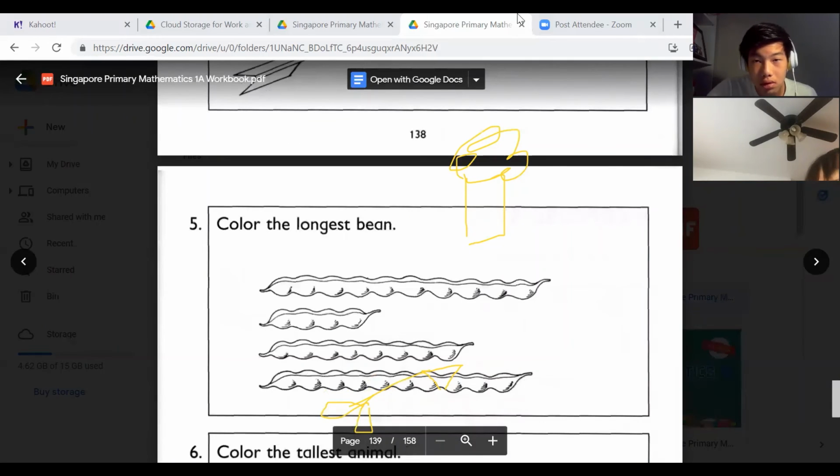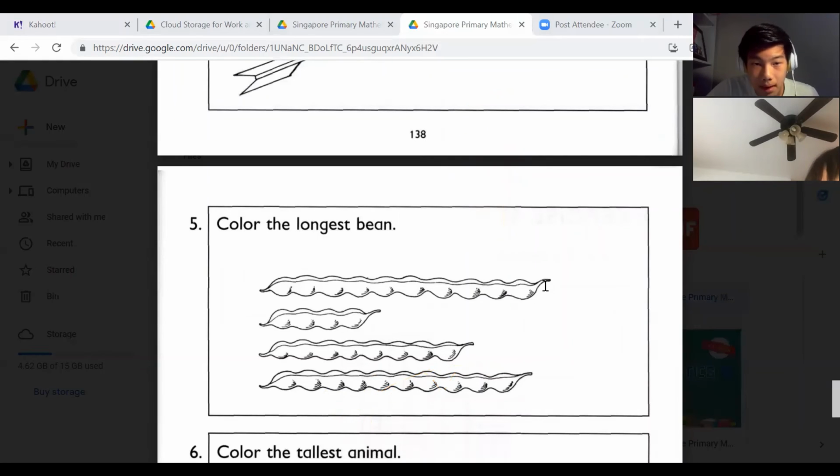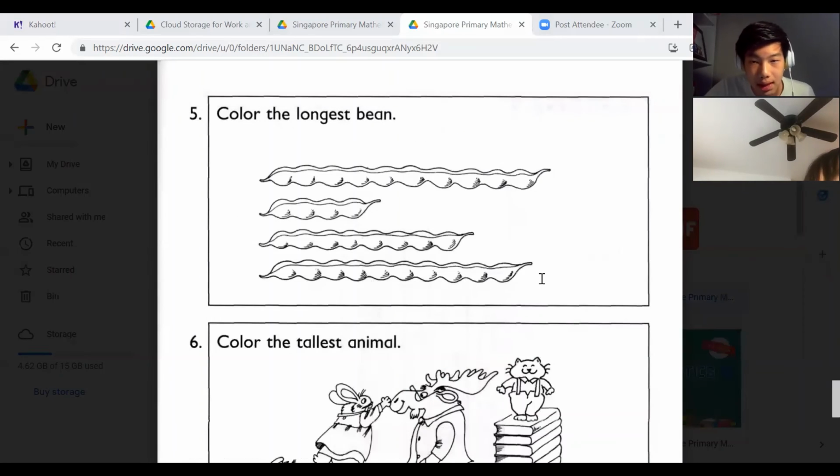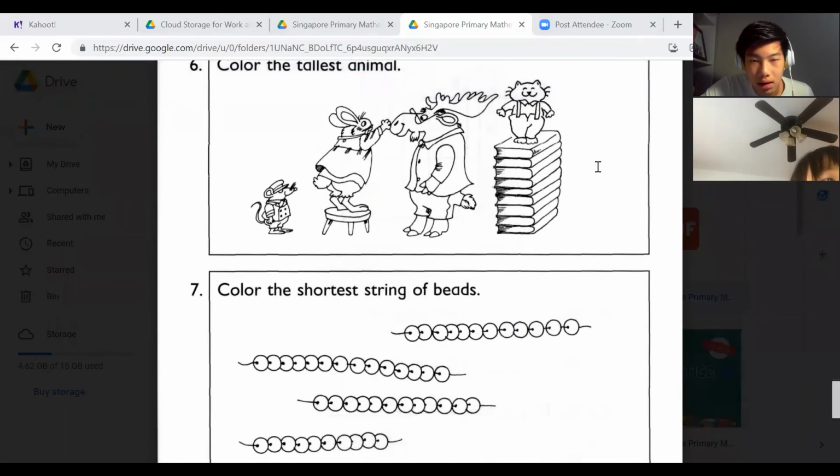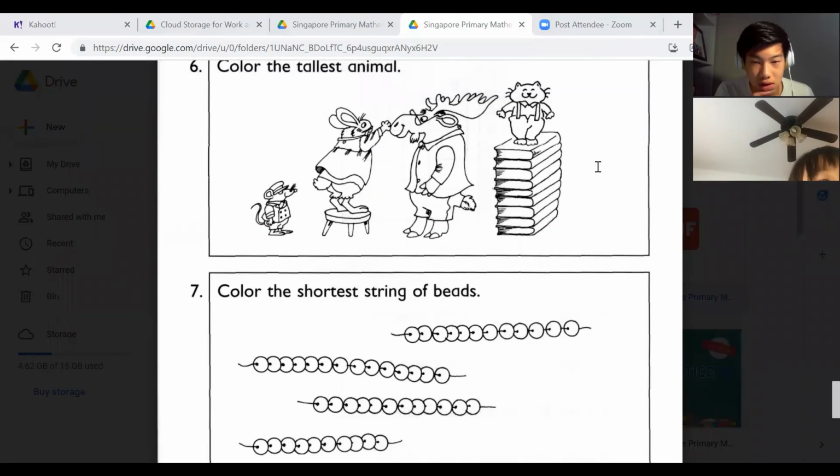Okay. Color the longest beam. Nice. Okay. Color the tallest animal, and then the shortest string of beads.